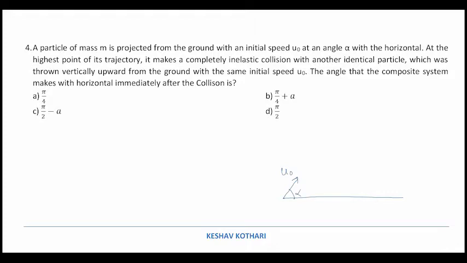As the particle is going up along this projectile path, I suppose that this is the highest point where the collision takes place. At the highest point, the velocity of this mass is directed along the x-axis direction, and it is equal to u0 cos alpha. So this is the first particle which we are considering.